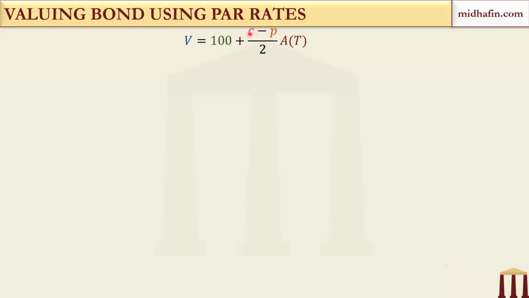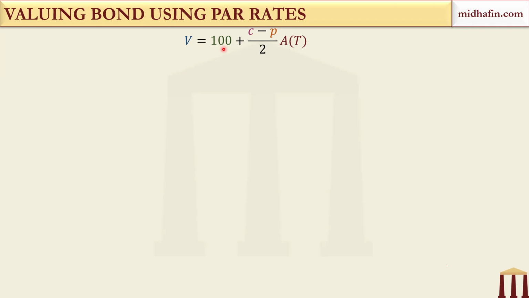And if both are equal, C and P, then this whole expression will become 0 and value is nothing but 100. That means if C is equal to P, bond will sell at par value, that means at $100. So that's the theoretical takeaway from this formula. And that's why I'm saying that this formula is also important from the examination perspective.